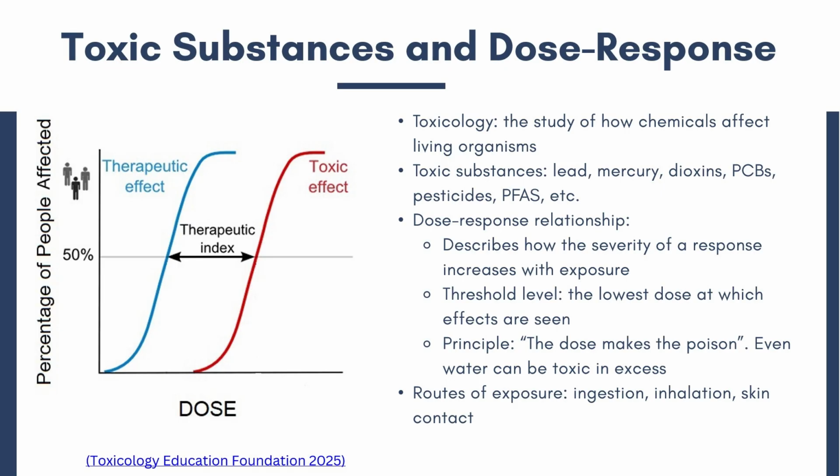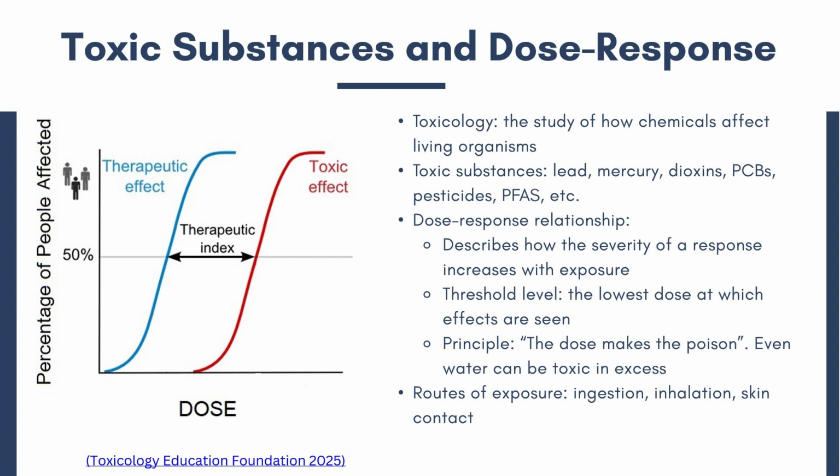When we look at this image, we see that the higher doses have a more toxic effect than those therapeutic ones. So what we do is we look at the therapeutic index. So the level at which 50% of the people are benefiting, but 50% are also toxic. So this is called the therapeutic index.